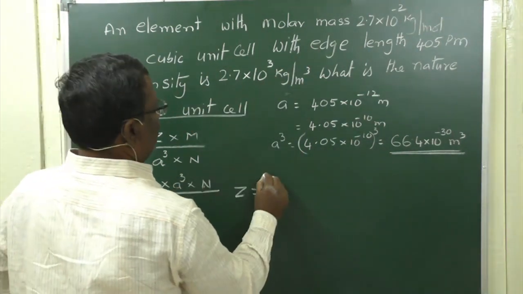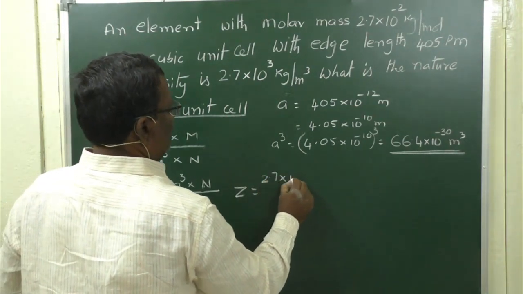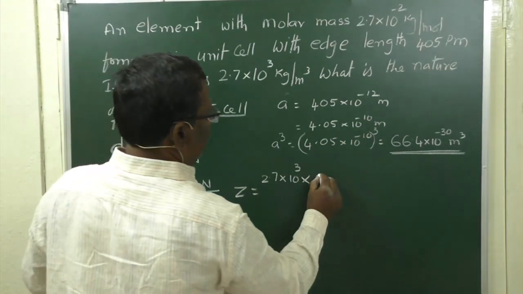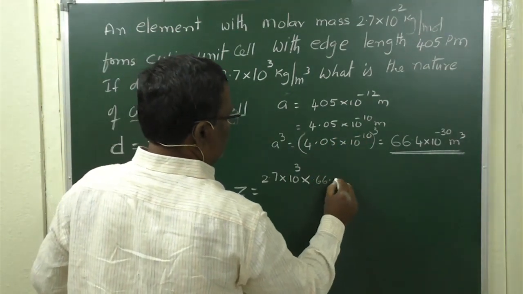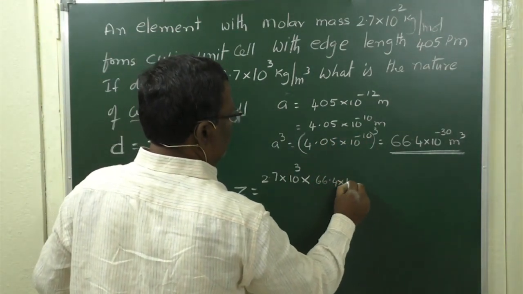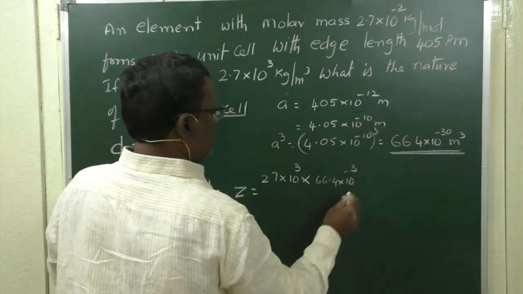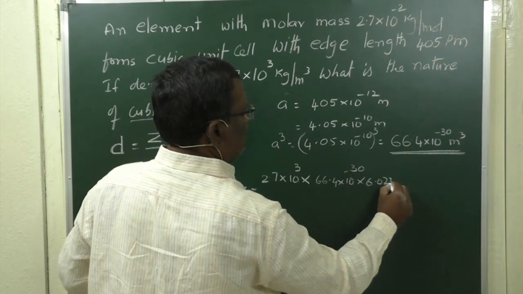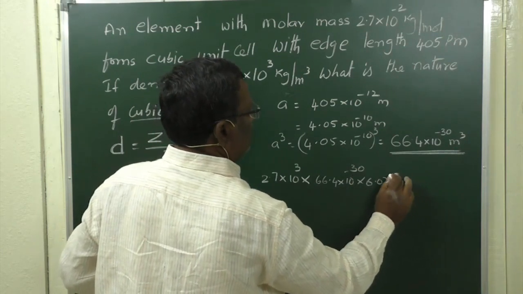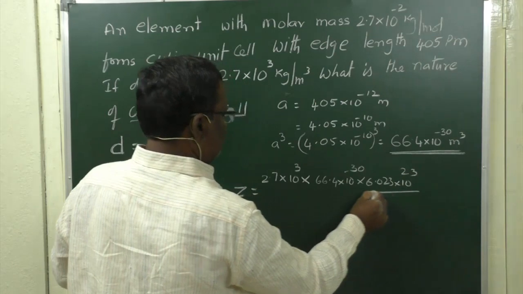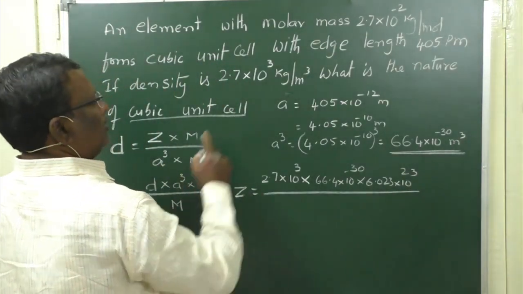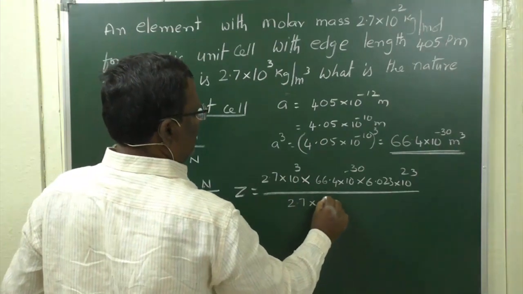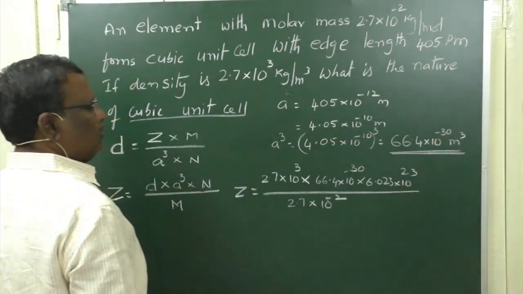Density is 2.7 into 10 cube, into the A cube value we just calculated, 66.4 into 10 to the power minus 30, then Avogadro number 6.023 into 10 to the power 23, by molecular weight 2.7 into 10 to the power minus 2.